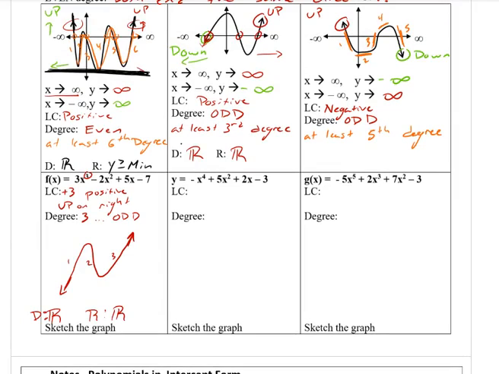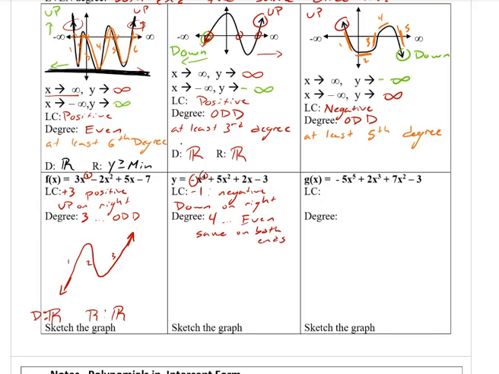Okay, let's try the next one. Leading coefficient, -1. That means it's negative and down on the right. My degree is 4. So that means even, which is going to be the same on both ends.